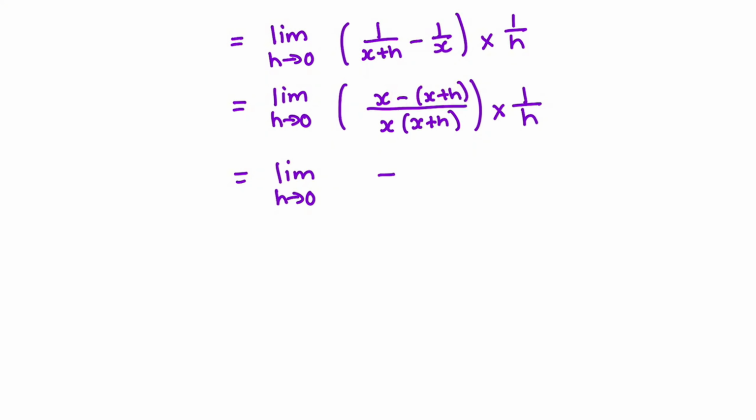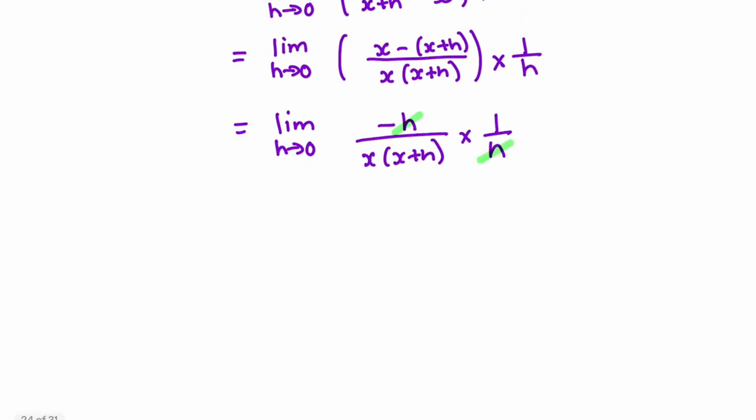So that is minus h over x times (x plus h) in the denominator, times 1 over h. And now you can see that the h's will cancel out. So I'm left with the limit of h towards 0 of negative 1 over x times (x plus h).